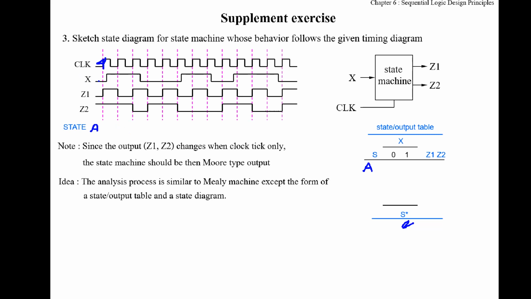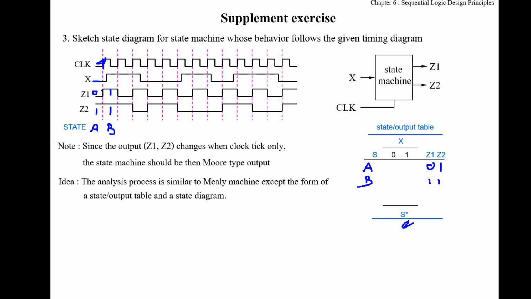From now, output is 0, 1, right? Actually, it does not depend on X. You can write state A output is 0, 1, certainly. And next, output is 1, 1. So you can define B, output is 1, 1 at state B.